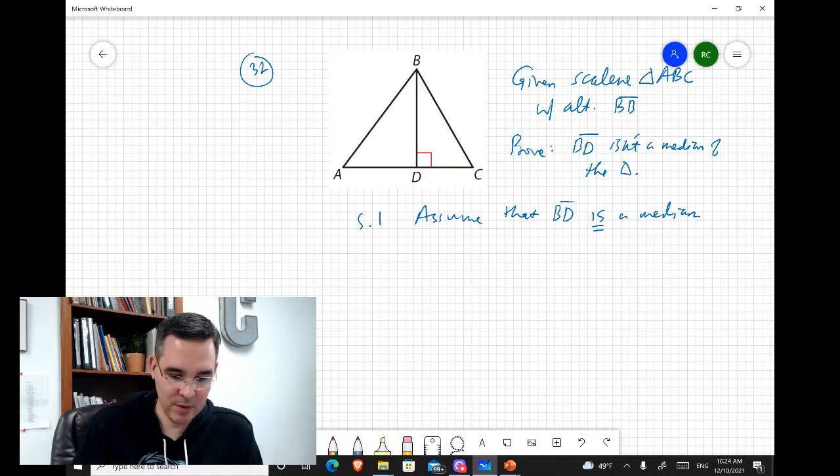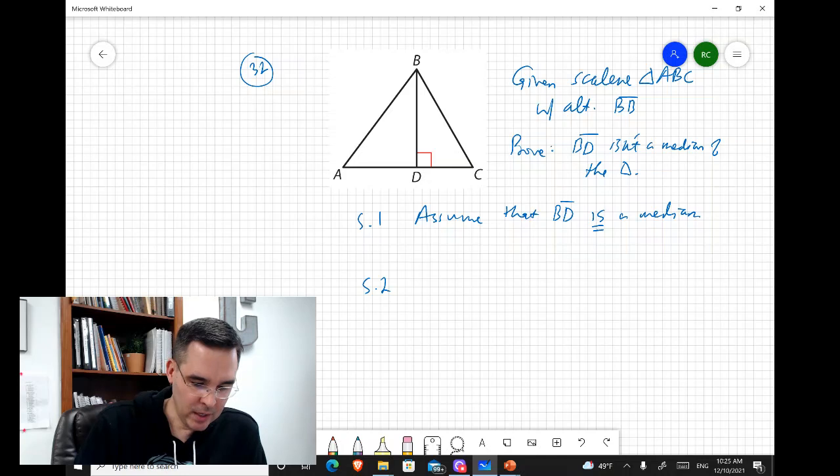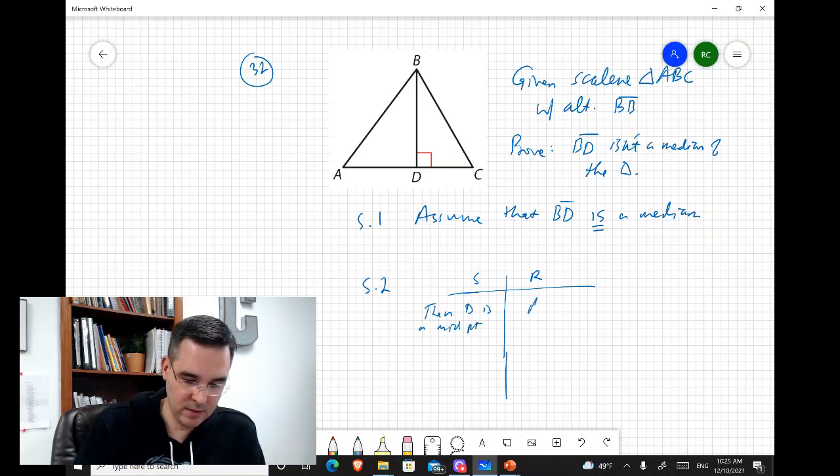Well, if segment BD is a median, just kind of follow this out. If segment BD is a median, and here I can kind of follow a two-column proof, statement and reason. If segment BD is a median, then D is a midpoint, because that's based upon the definition of what a median is.